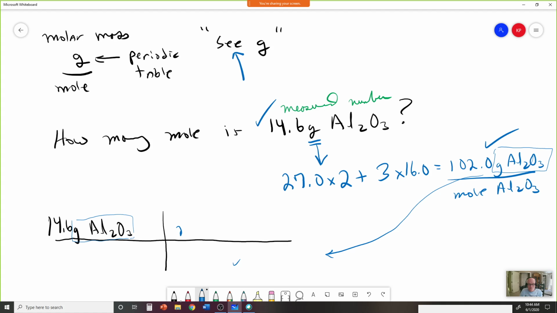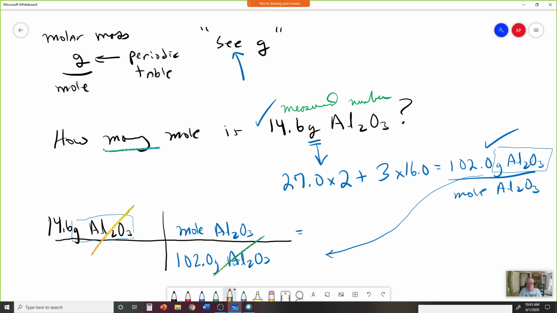And so I go mole aluminum oxide for every 102.0 grams aluminum oxide. Do y'all see how that works? You set everything up so that units cancel. Units cancel. Units cancel. I'm left with moles aluminum oxide.